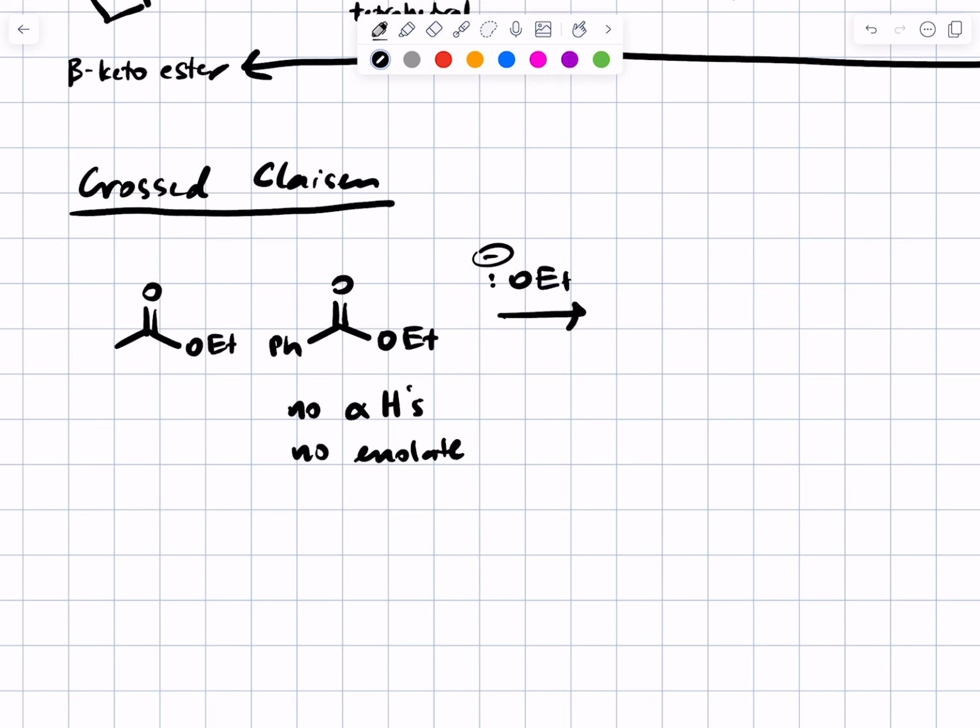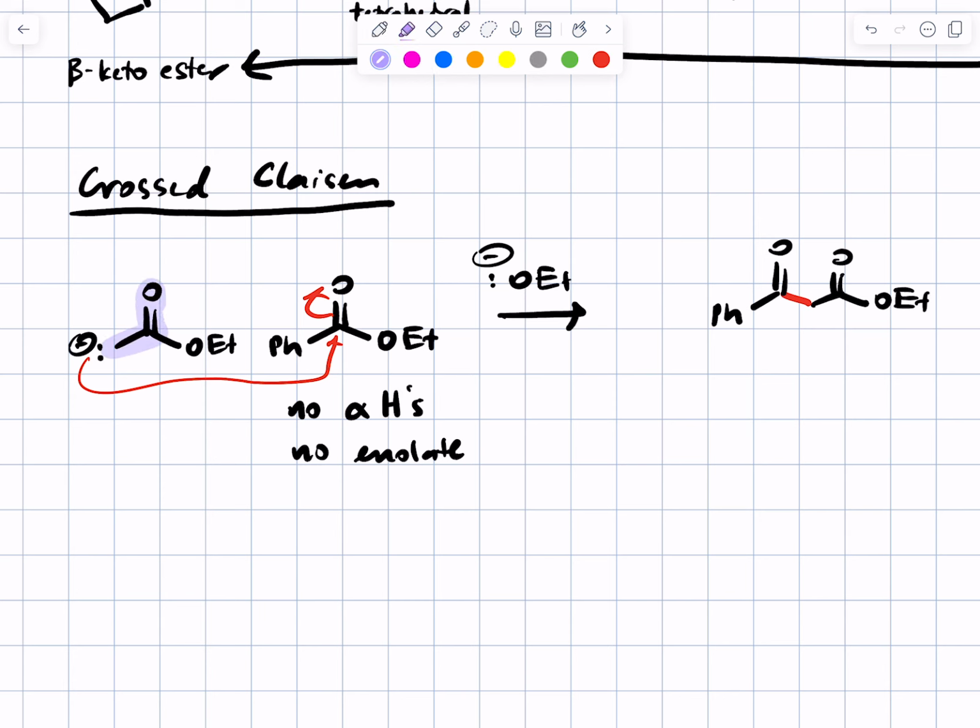Under these conditions, you could only make this enolate, and then you would expect that enolate to attack this carbonyl carbon, and you should get the crossed product, which for a Claisen reaction is this beta keto ester.